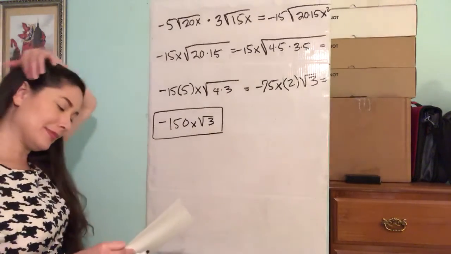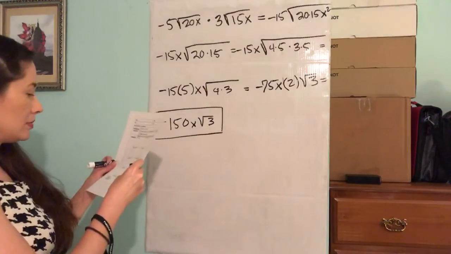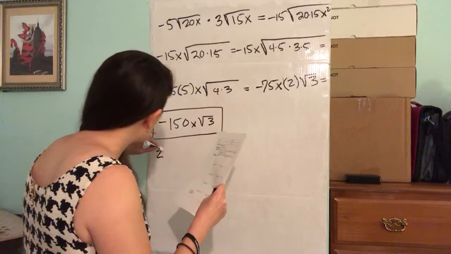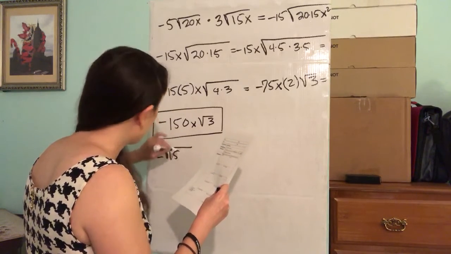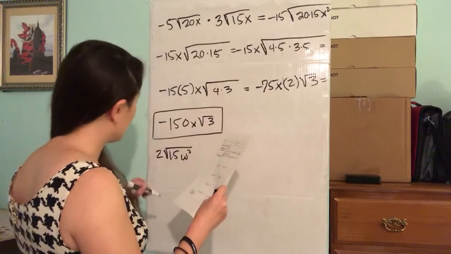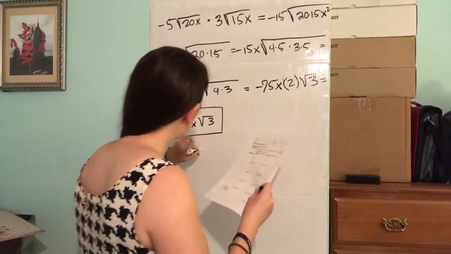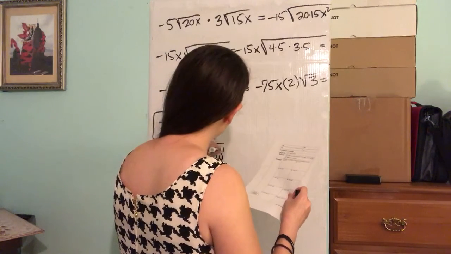Let's try another one. Okay, how about 2 times the square root of 15w cubed times the square root of 3w to the 4th power.